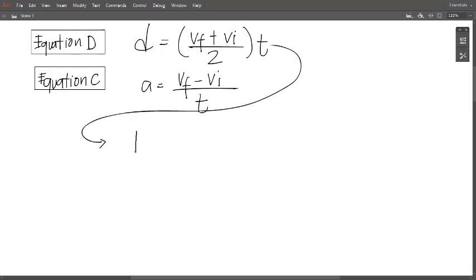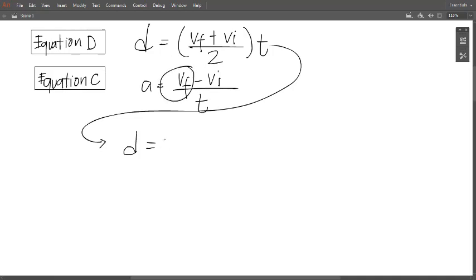Okay, so we will be substituting final velocity in equation D. So where's the final velocity? Here. This one.